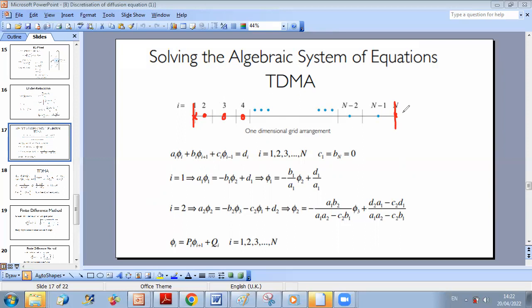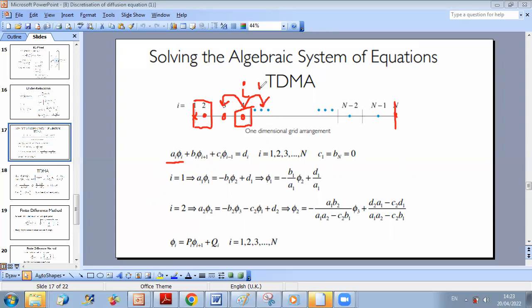So the idea will be, for each control volume, we have developed together an equation. The general equation is of the following form. We have a certain coefficient AI times phi I. So for a certain cell of index I, I can relate the variable in this control volume to the value of the variable for the control volume just before it, and the value for the control volume just after it.